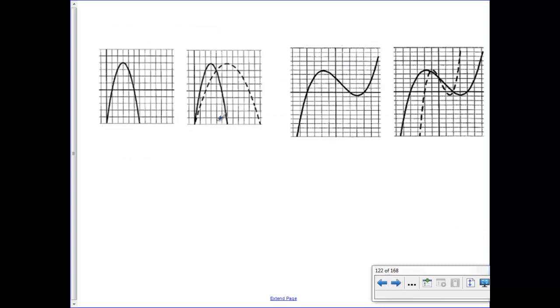Yes. So let me try some more examples here then. Take a look at this graph to this dotted graph right here. Do you guys see how this vertex point moved from here to here? It's been moved out. This point right here has moved out here. So everything has been pulled out that way.